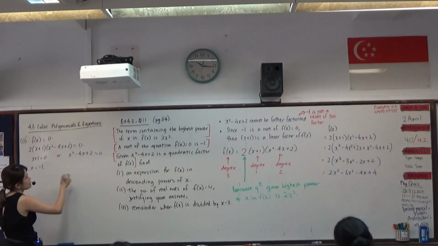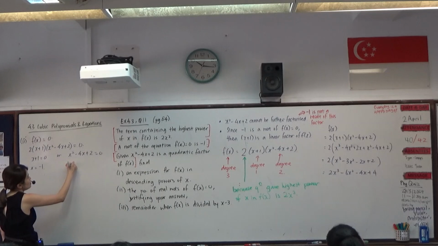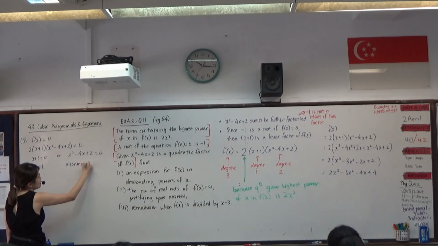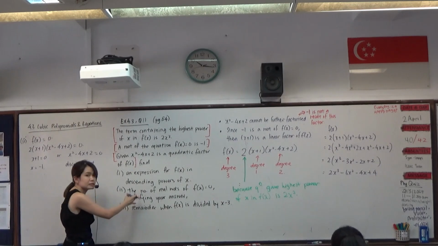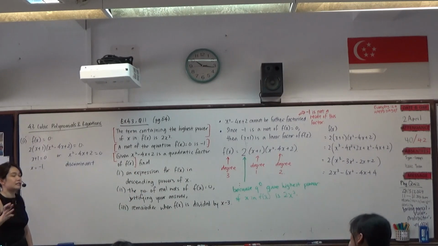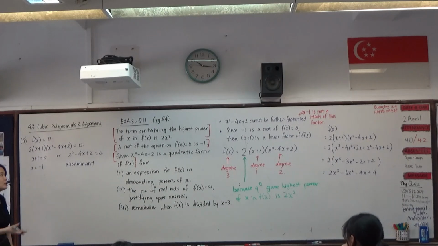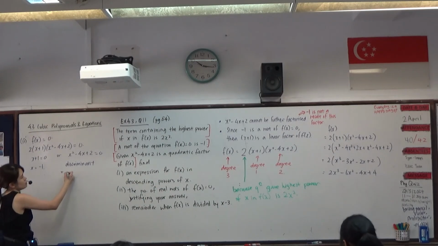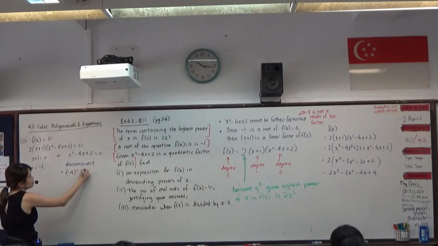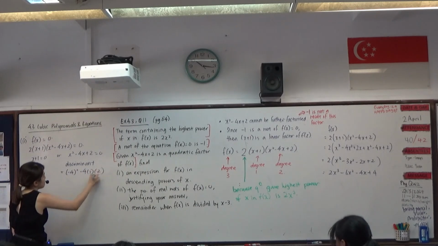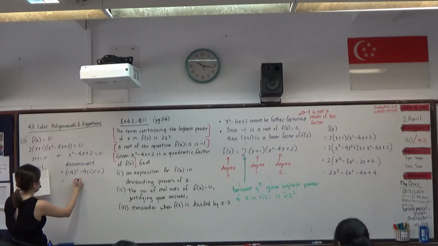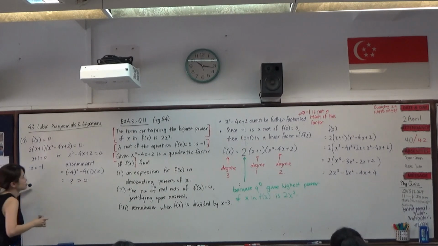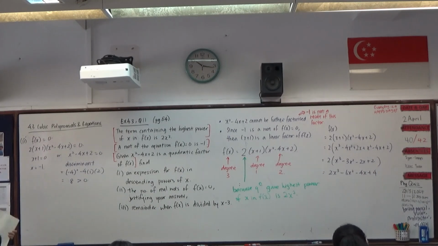x squared minus 4x plus 2 equals 0. If we look at just the discriminant, we don't even need to bother to solve because the question is only asking for the number of real roots. Okay, they are not asking for what the real roots are. So just by looking at the discriminant, I will find that it is positive in value, 8, which is more than 0.